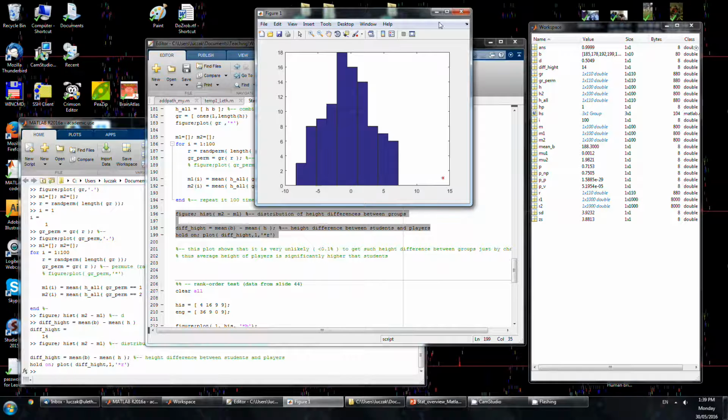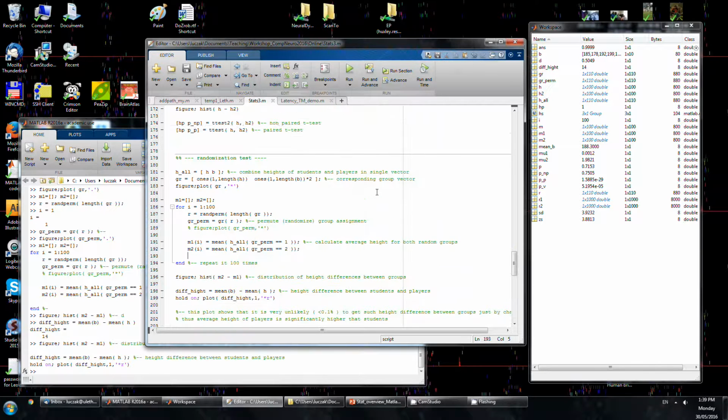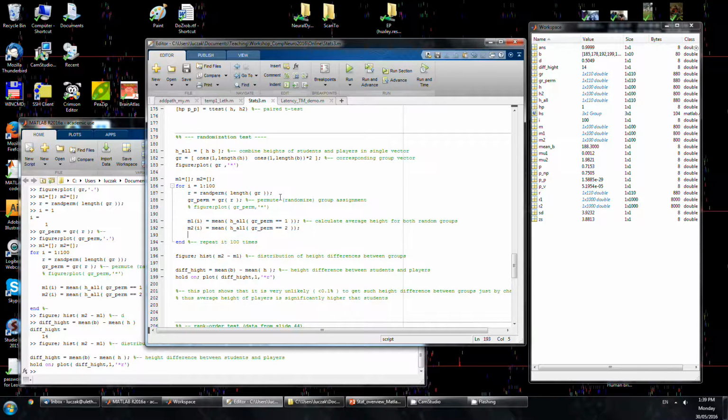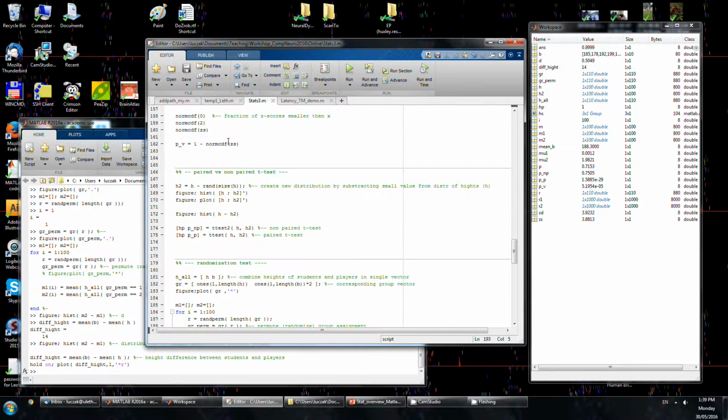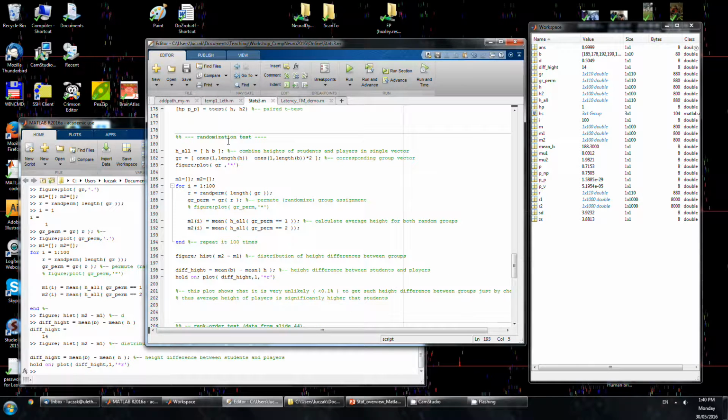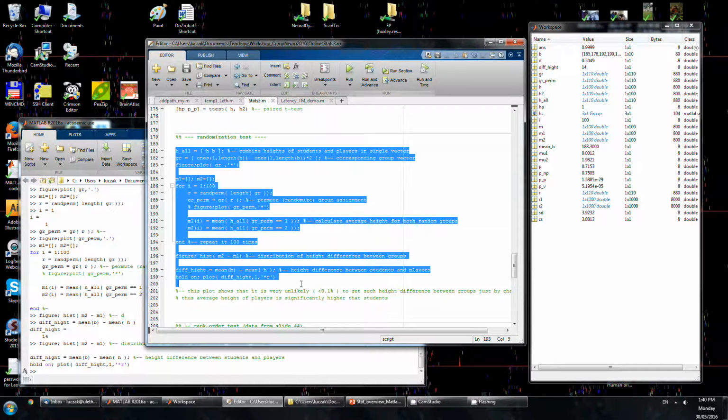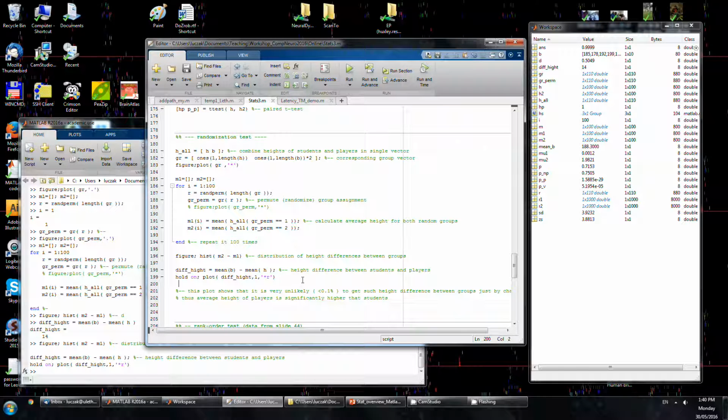Again, this randomization test is doing something equivalent to the t-test we tested before. The one advantage of this randomization test, as I mentioned before, is that we don't have to assume anything about the distribution of the data. For the t-test, we have to assume that the distribution of height is normal. Here, this method would work for any distribution.